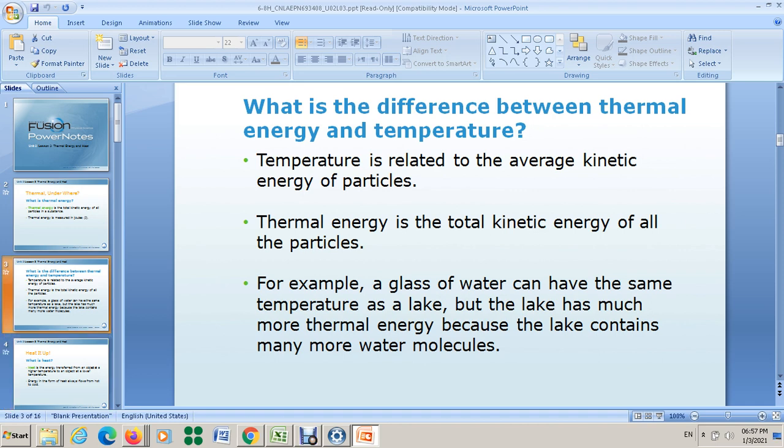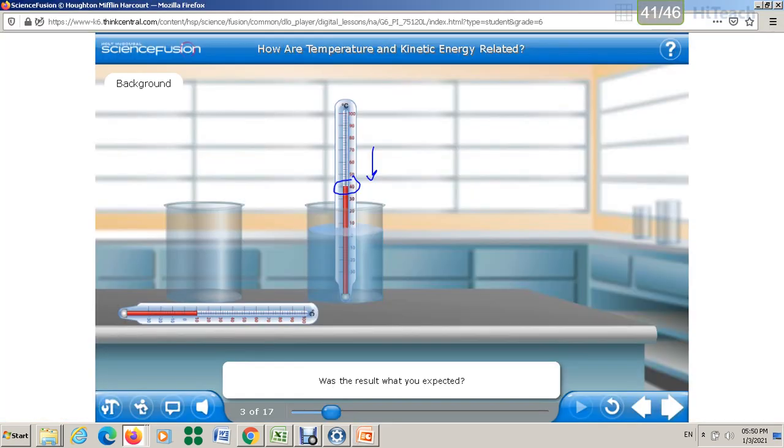For example, I'll give you this example, which is also mentioned in your book. A glass of water can have the same temperature as a lake, but the lake has much more thermal energy because the lake contains many more water molecules. To understand this, imagine you have this glass of water, and this is a lake.